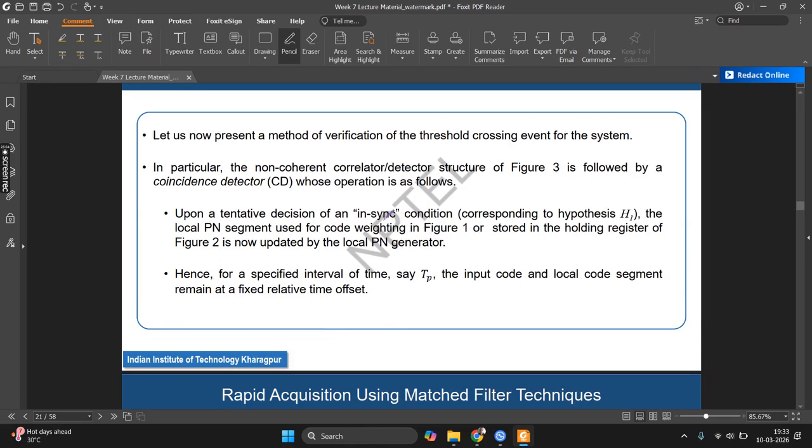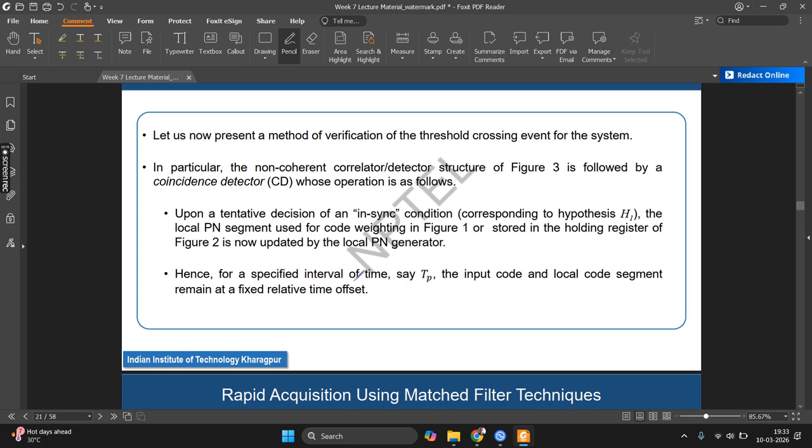Upon a tentative decision of an in-sync condition, your threshold has been crossed and you say that the PN sequence has been acquired, in sync with the actual sent PN sequence. Corresponding to hypothesis H1, the local PN segment used for code weighting in figure 1 or stored in the holding register of figure 2 is now updated by the local PN generator.